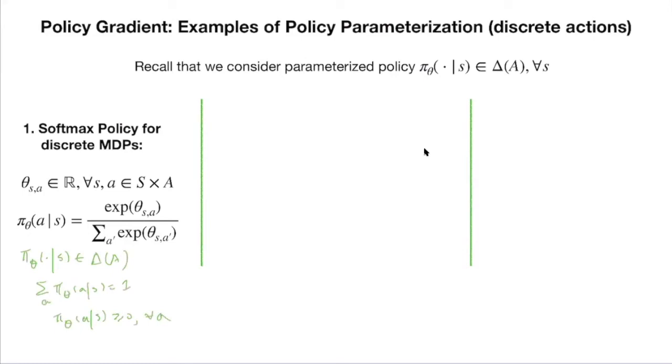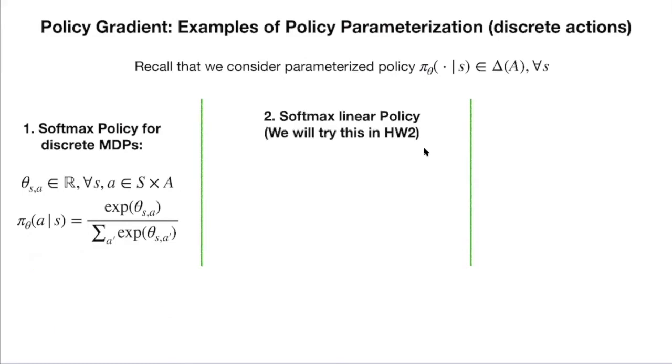Another parameterization is basically logistic regression. Think about a as a class. You have a finite number of actions, so a finite number of classes. Specifically, think about the case where you only have 2 actions, so you're doing binary classification. Let's assume we have a feature vector phi that maps from a state-action pair to a real vector.